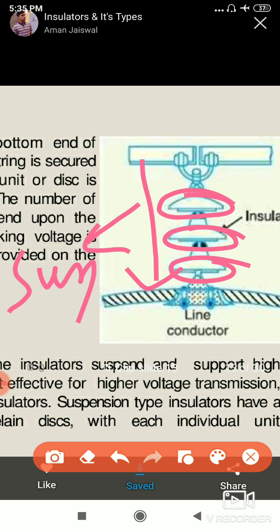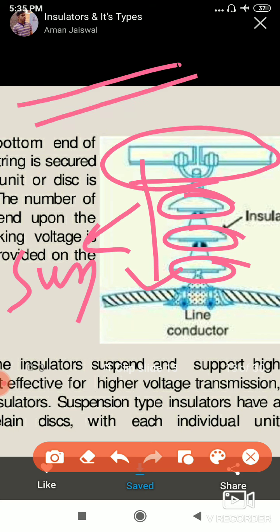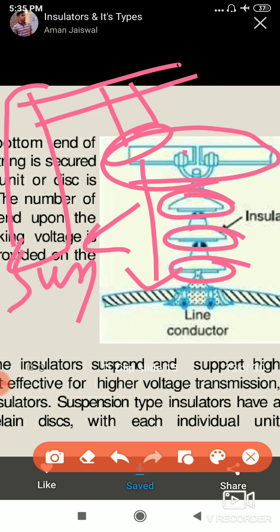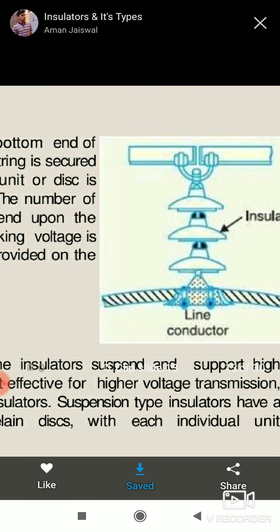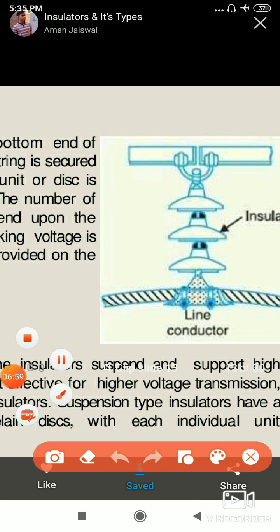At the top is the cross arm, here we see the cross arm, and where the pole is connected, you fit your suspension type insulator. I'll explain one more time.